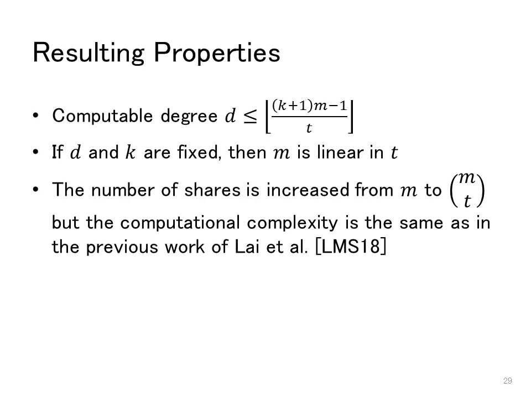We state the resulting properties again. Our scheme has this value of computable degree. If D and K are fixed, then M is linear in T, while in the previous work, M is quadratic in T. The number of shares is increased from M in the previous work to M choose T, but the computational complexity is the same.